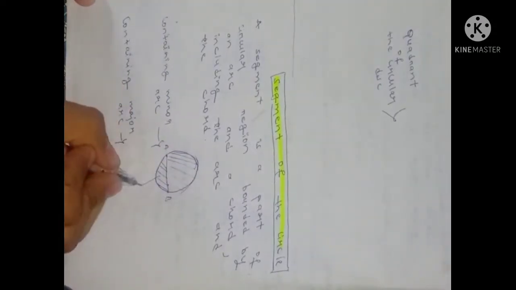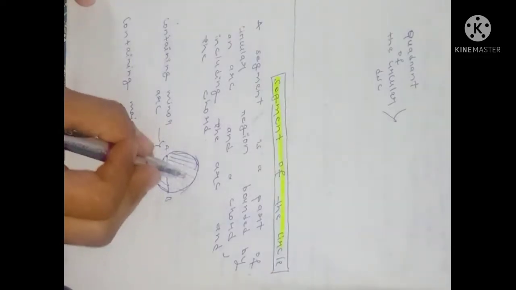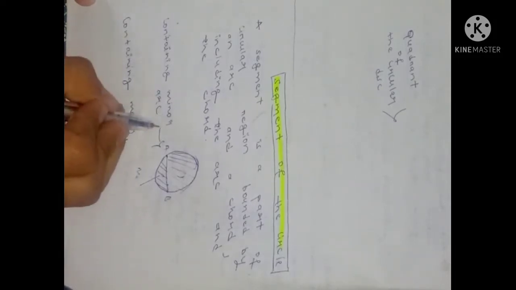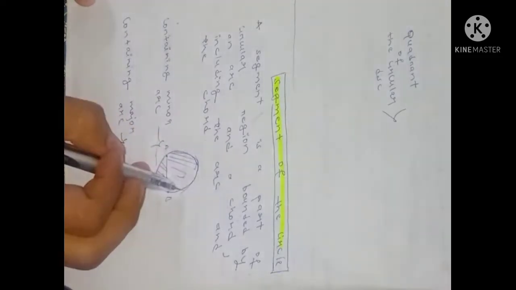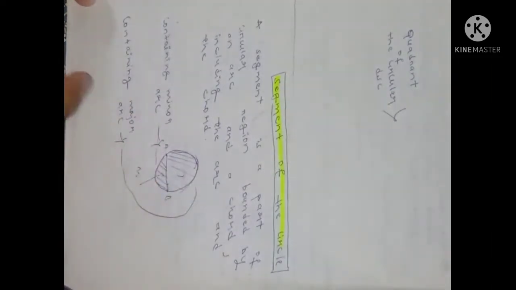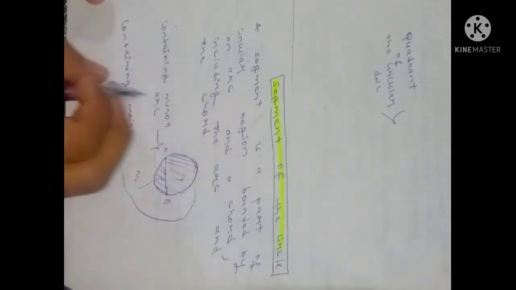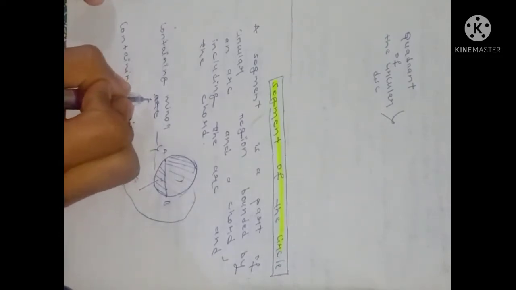This region is smaller than this region, so it is the minor segment. The one containing a large arc and large area is called the major segment.